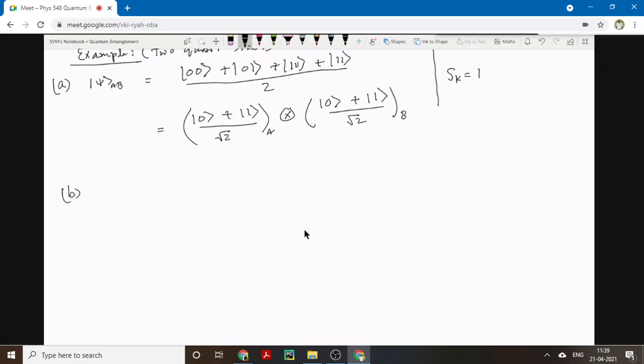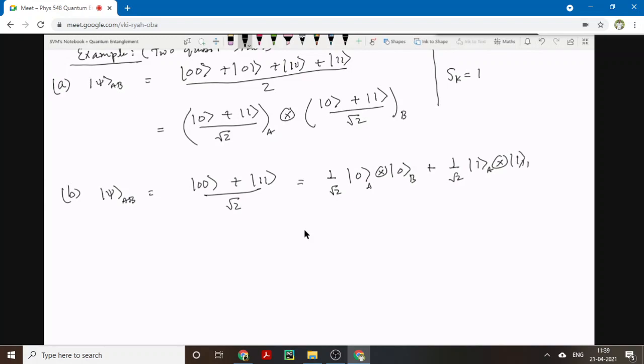Now example B, let's say psi AB is equal to 0 0 plus 1 1 by root 2. Now this cannot be written as a product like this. So this is like 1 by root 2 into 0 A product 0 B, plus 1 by root 2 into 1 A product 1 B. In this case, this is one Schmidt coefficient, this is another Schmidt coefficient.